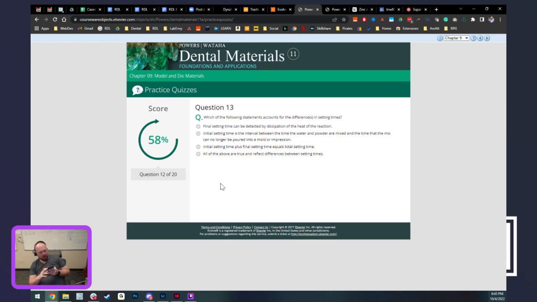And rubber-based materials: polysulfides, condensation and addition reactions, silicones, and polyethers. So rubber-based materials include polysulfides and polyethers. All remain elastic after setting.